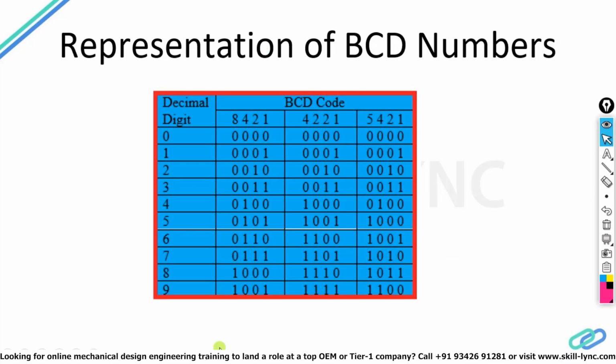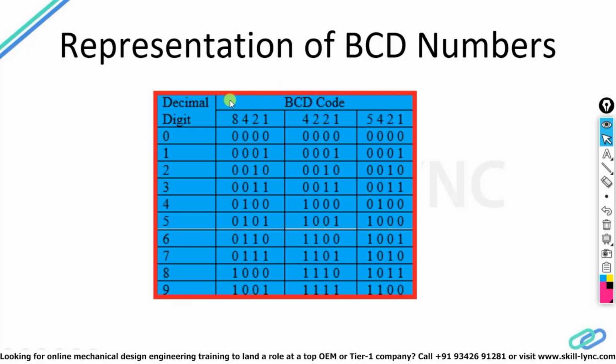See, this is the table. Here you can see the digits 0, 1, 2, 3, 4, 5, 6, 7, 8, 9. Why have I taken till 9 only? Because I am dealing with the BCD code, and BCD numbers are only from 0 to 9.